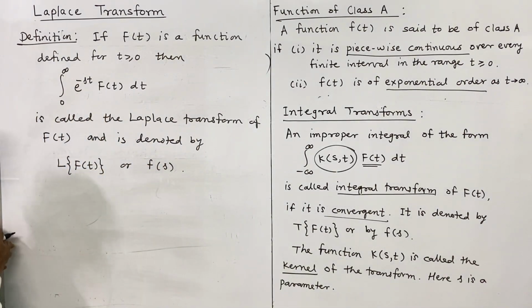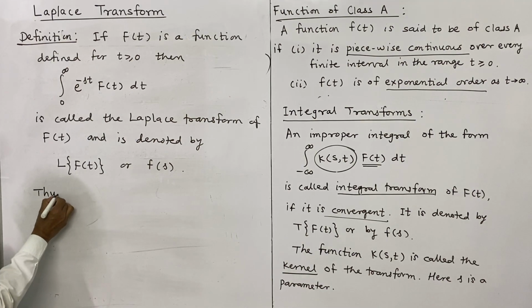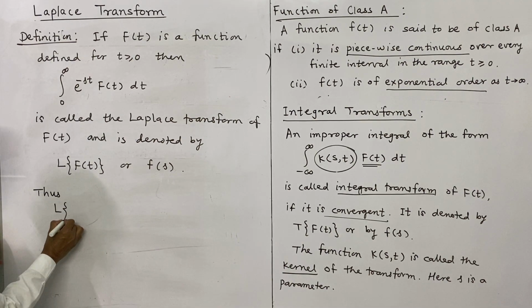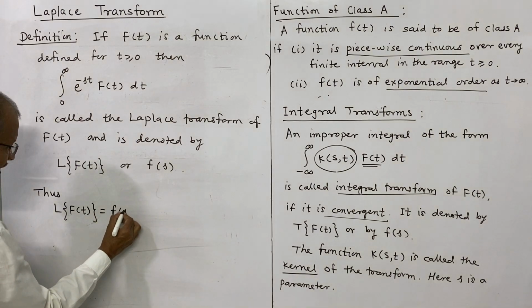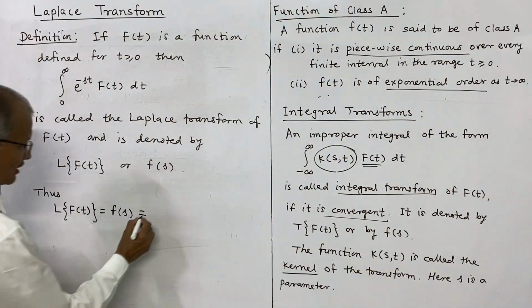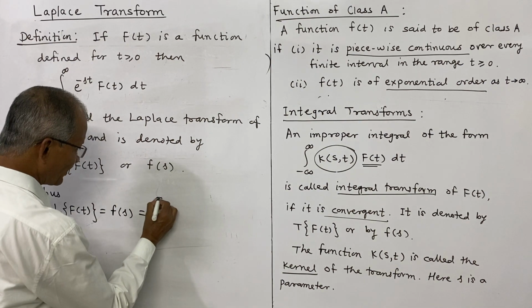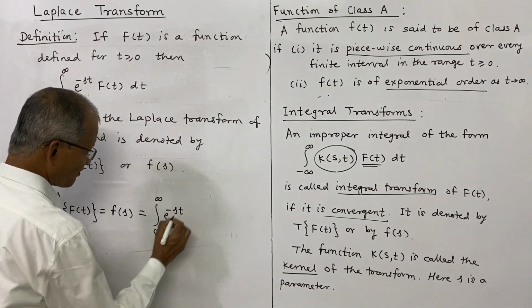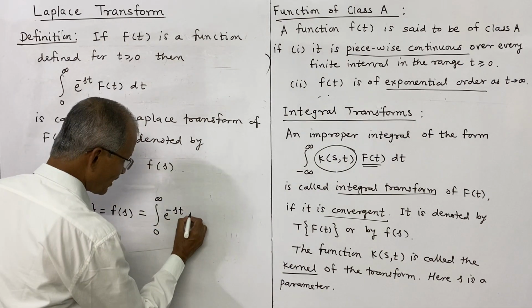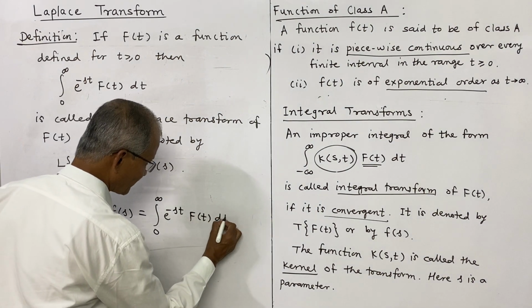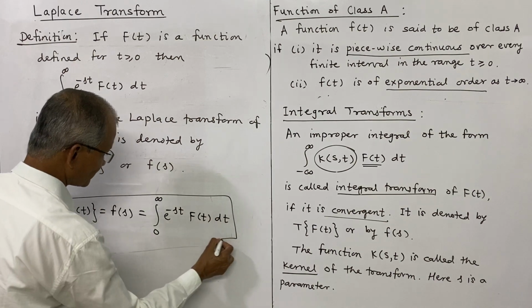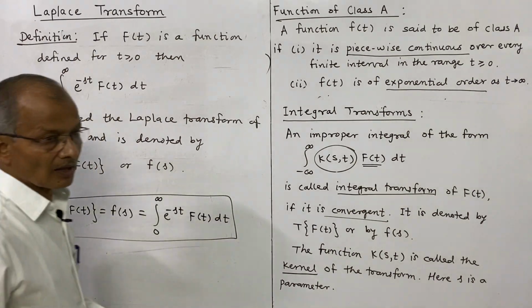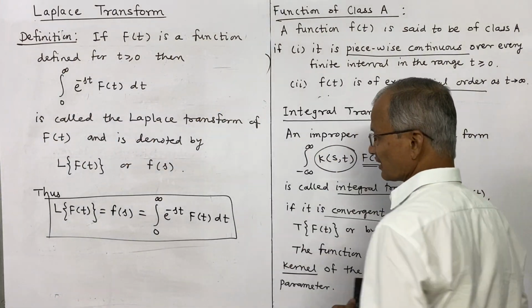Thus the definition we have to remember is this one. L of f of t may also be written as F of s and is equal to the integral from 0 to infinity of e power minus st into f of t dt. This is the definition of the Laplace transform, and so it is easy to remember.